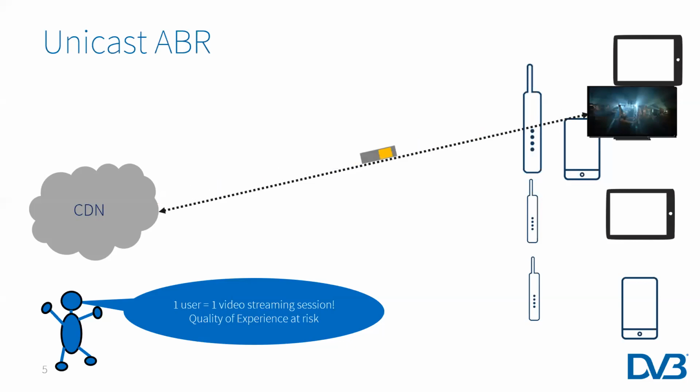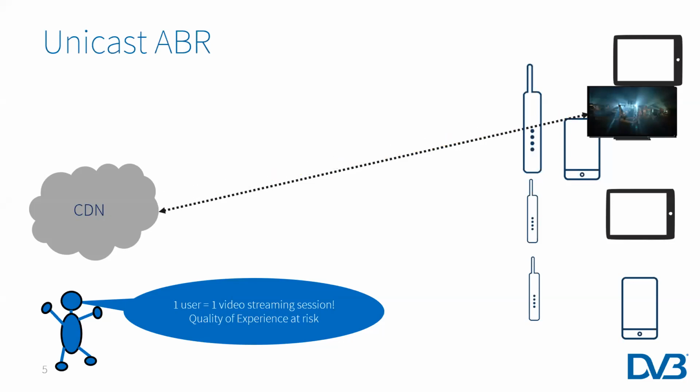Each of these quality substreams is encoded with a different bit rate, and it's segmented in segments of the same duration. On the player side, the player is capable of measuring the available bandwidth and requesting the next segment of the right quality bitrate. This is the way it works. With that way of doing it, you can adapt to the available bandwidth. So this is Unicast ABR.